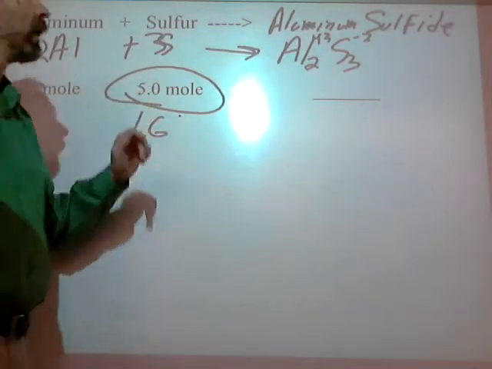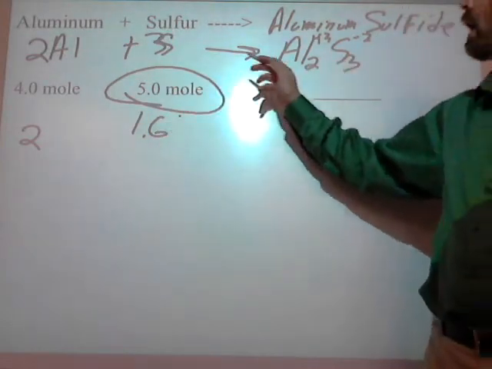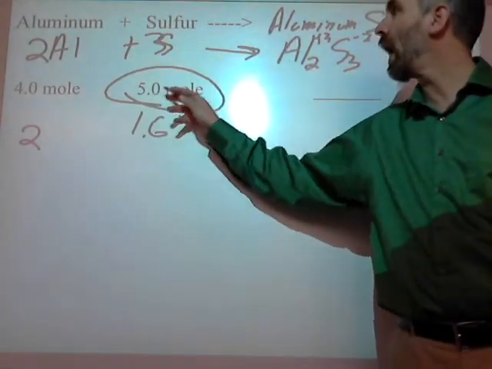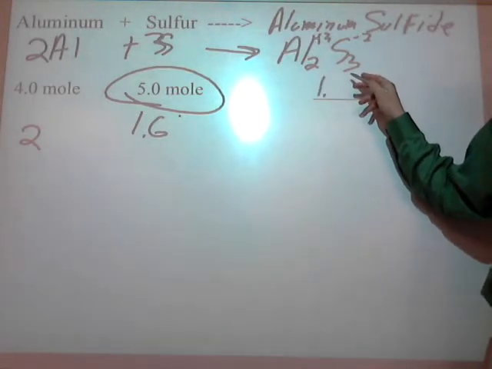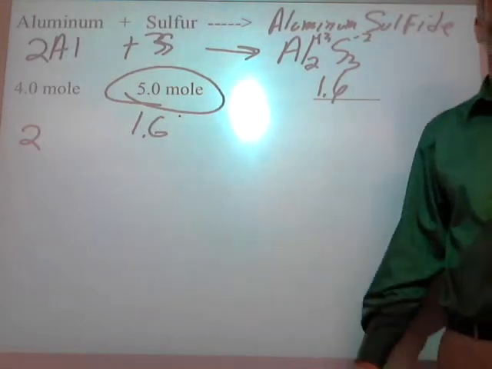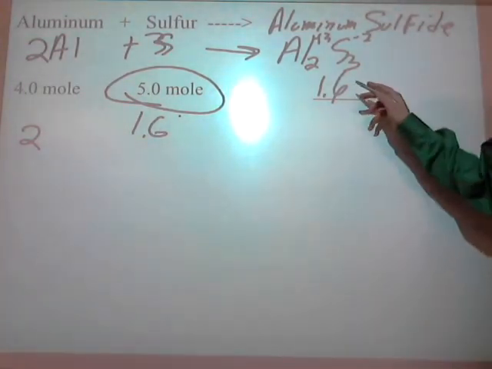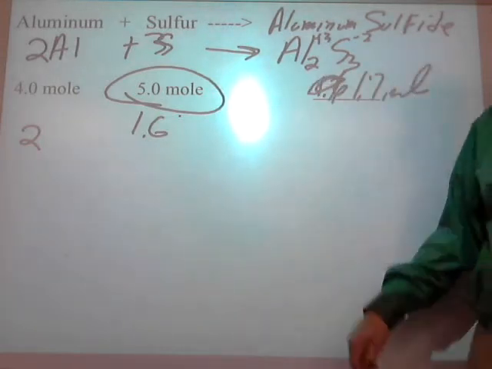And finally, I use that 5 to do this guy. 3 is to 1 as 5 is to 1.666 or whatever. Is that right? Repeating. So if you round it off to correct significant figures, the right number is 1.7 moles.